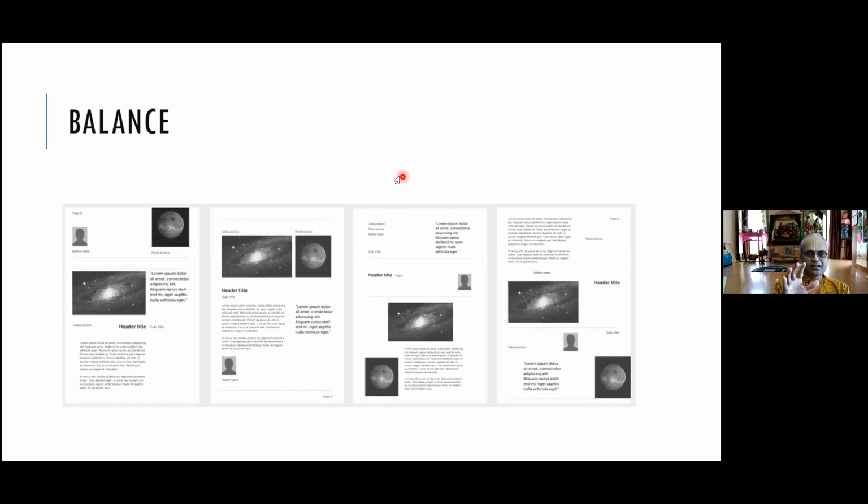This principle most often refers to the visual heaviness of the shapes and forms in an artwork. Here, the image is on one side and the text is on the other side, so they kind of balance each other. Whereas here, it's not well balanced, correct?